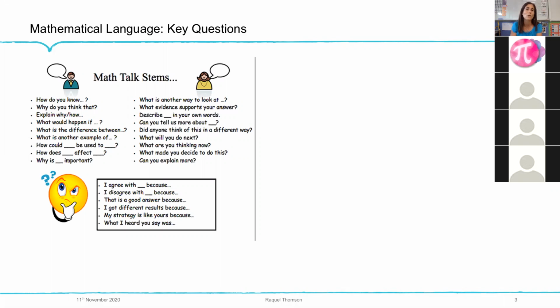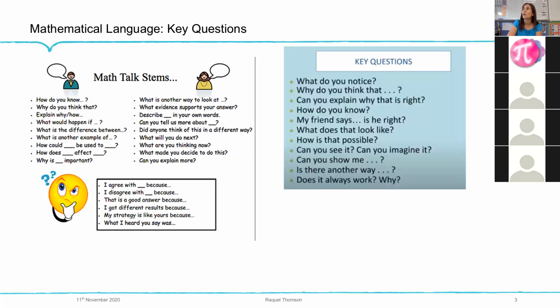I know most of you know this, but I find it really useful to look back at this and go, let me try this question again, because we tend to use the same go-to questions, and you'll see the ones I usually use in a minute.